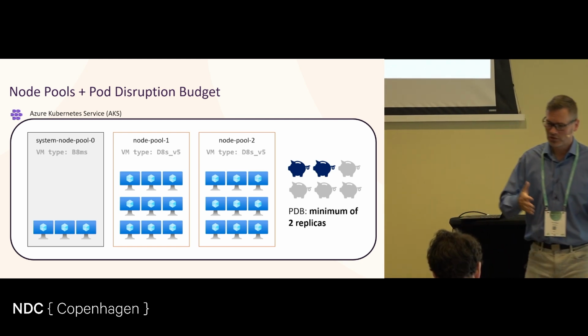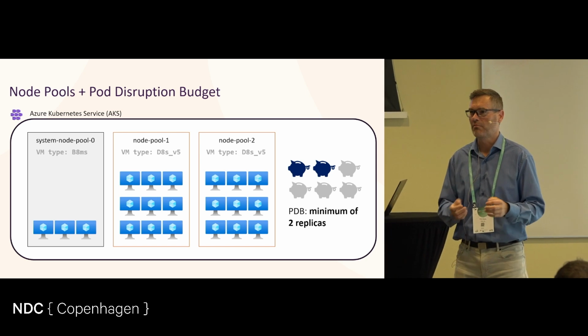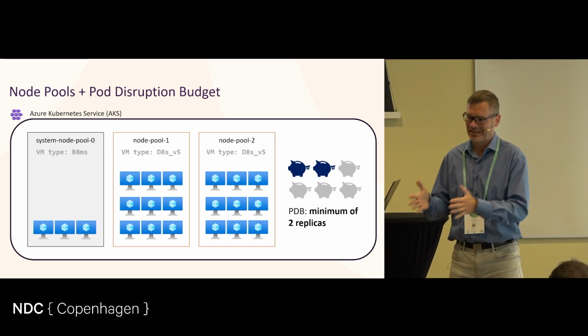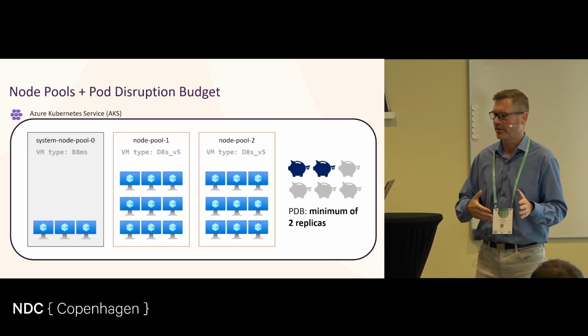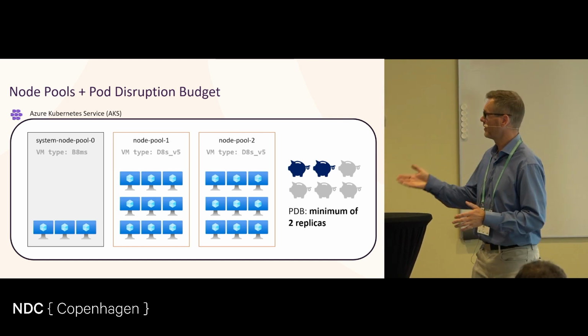But then there's the question, okay, you also have this control plane, which might still fail. This is something that we have never experienced yet. So that's why we said, okay, this risk we can take, and we did.